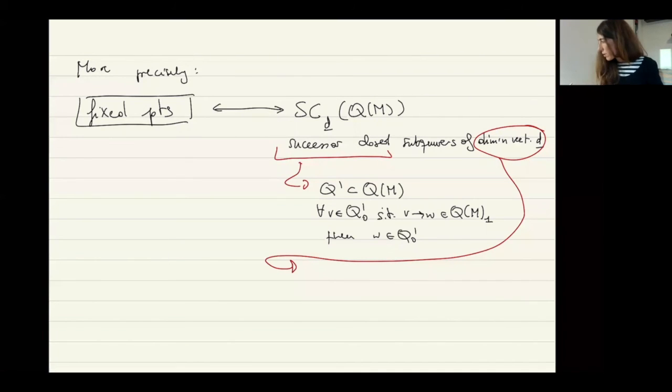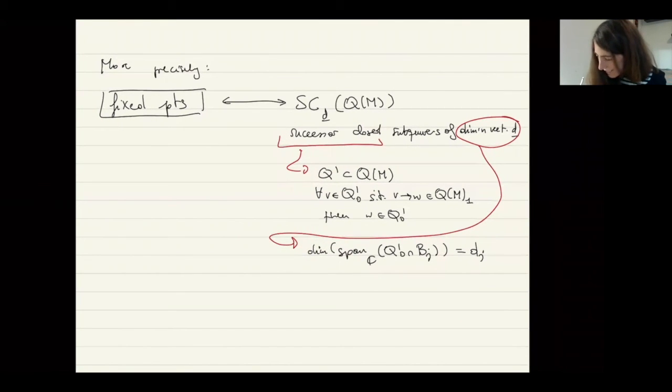So what you're saying is that the dimension of the span over C of Q prime 0, the vertex set, intersected with the vectors of degree j in the basis, is dj.